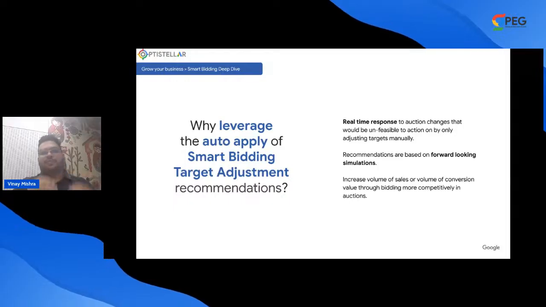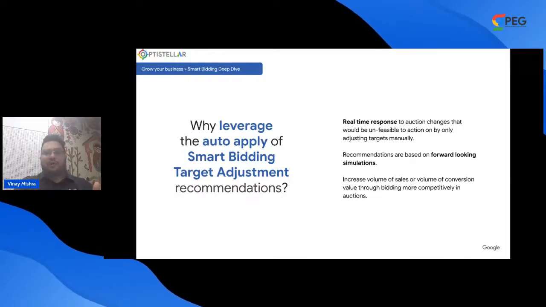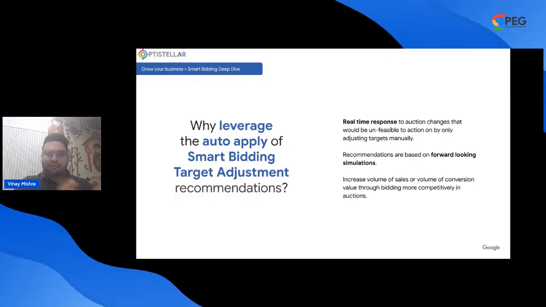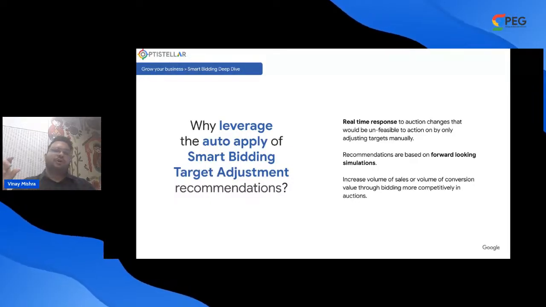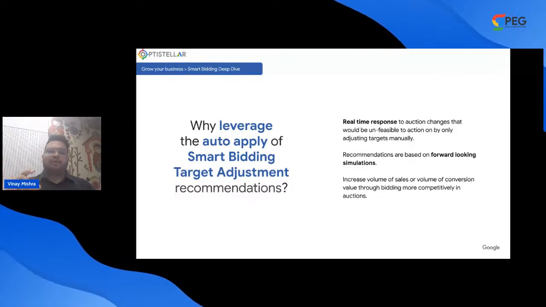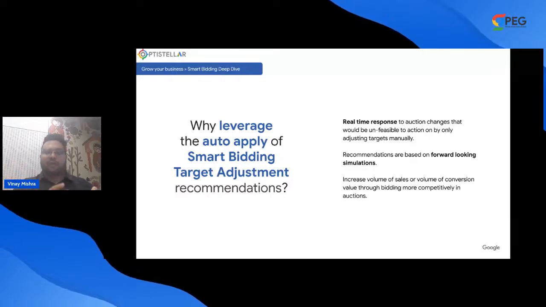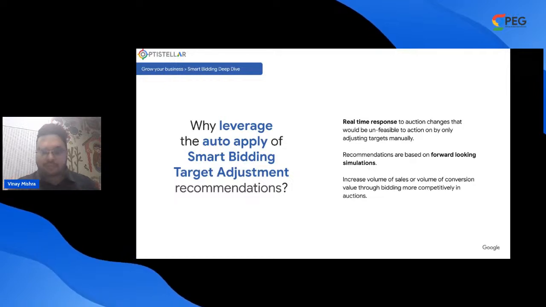So with smart bidding you're able to not only give the campaign time to understand the shift in the market, but at the same time you're also able to help the campaign respond to this change, and to how the users are behaving in terms of the searches and in terms of the behavior as well.